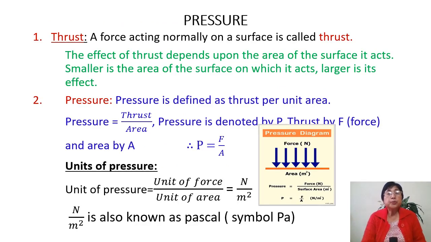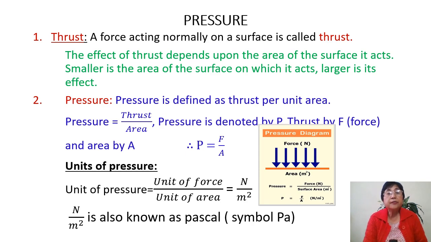Then we go to pressure. What is pressure? Before we go to pressure, we need to know one term which is related to it, that is thrust. A force acting normally on a surface is called thrust. Now, please remember, not all forces are called thrust.